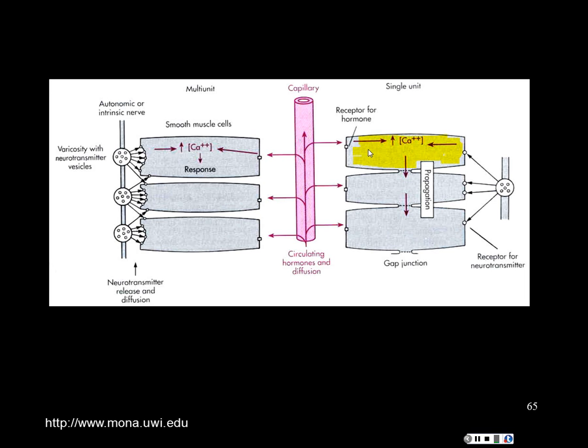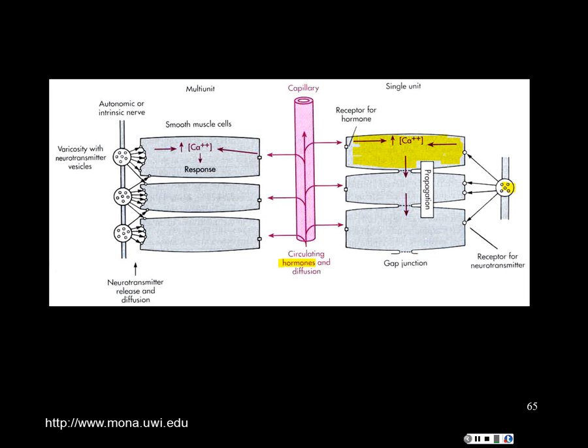So single unit smooth muscle cells can be extrinsically controlled by the autonomic nervous system. They can be extrinsically controlled by the endocrine system, but it can also be what? What other kind of control? Not much left, option-wise. We said extrinsically controlled by the nervous system, extrinsically controlled by the endocrine system.